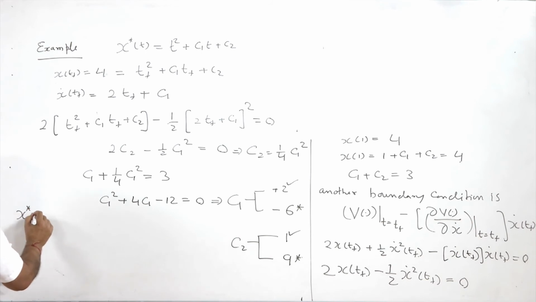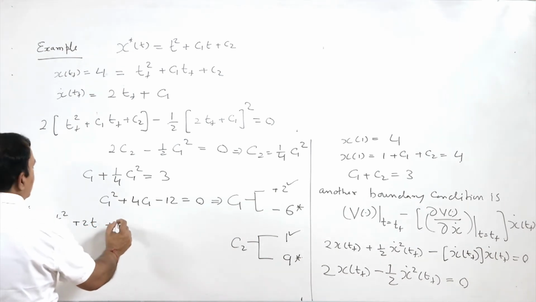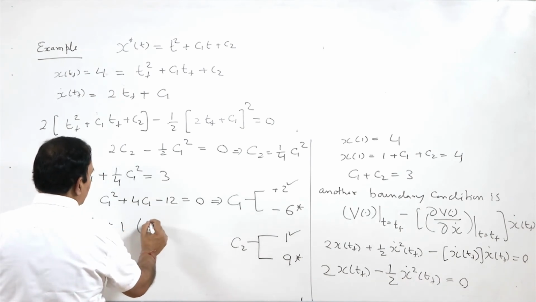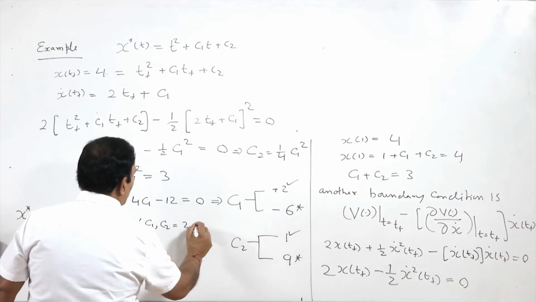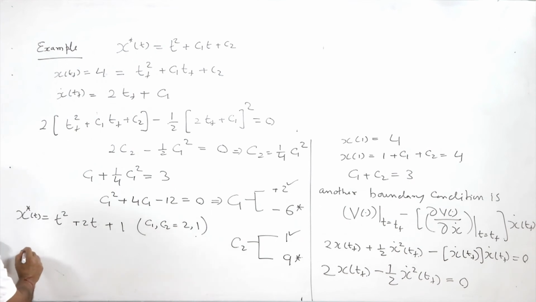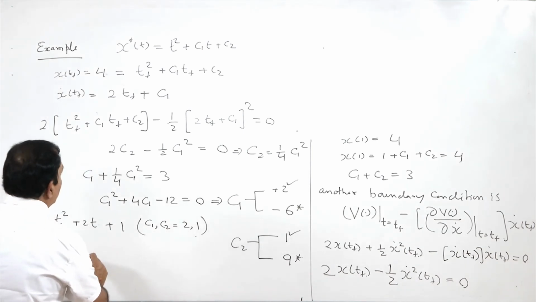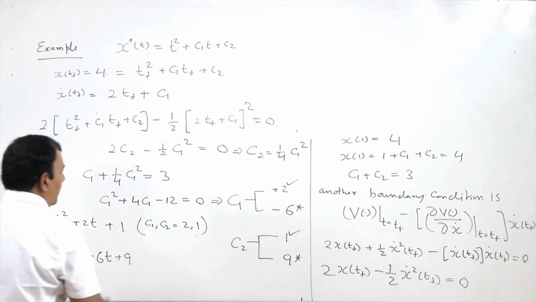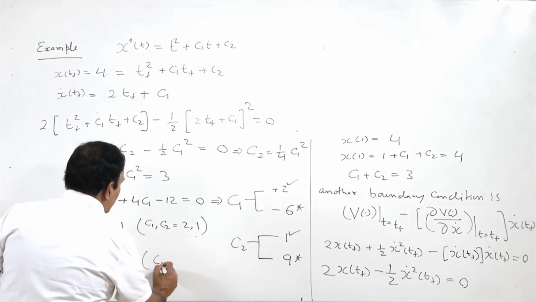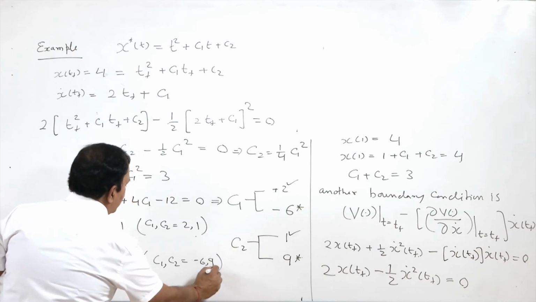so I have two solutions. x star of t, if I take 2 and 1, is t squared plus 2t plus 1, with C1, C2 as 2 and 1, and the other solution is x star of t as t squared minus 6t plus 9, with the values of C1, C2 as minus 6 and 9.